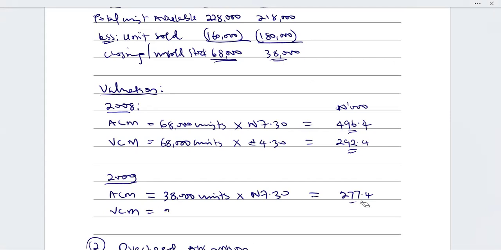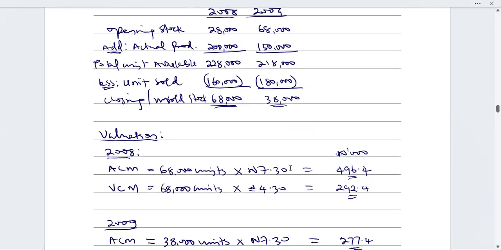38,000 units multiplied by 4.30 equals 163.4.